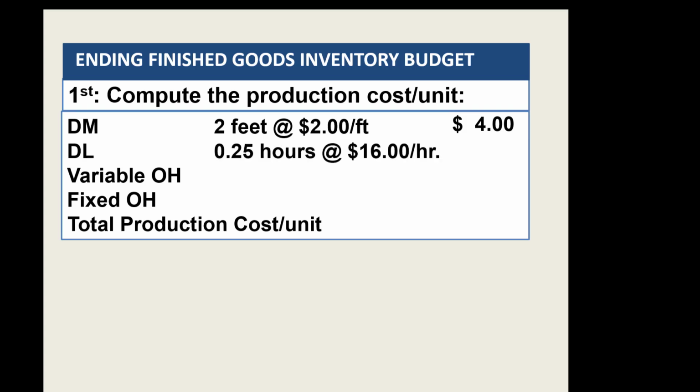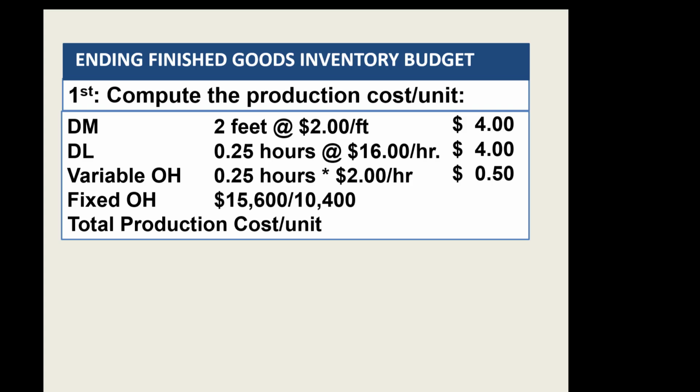Direct labor, $4 per unit. Variable overhead, 50 cents per unit. Fixed overhead, we'll have to compute that. We know that we will incur $15,600 in overhead cost, and we are going to produce 10,400 units. So that gives us $1.50 per unit. Add all of those up and you get $10 per unit.